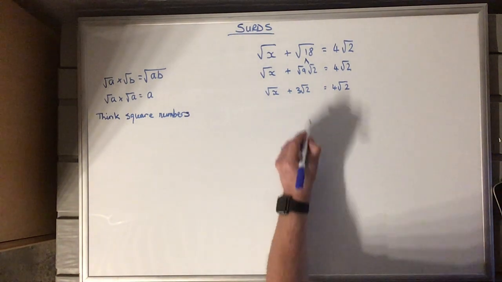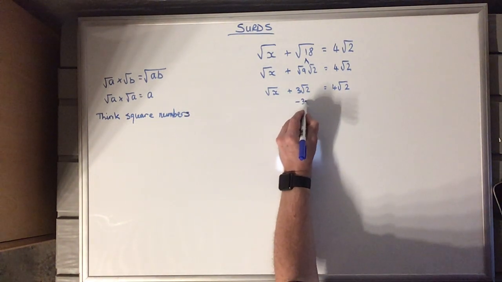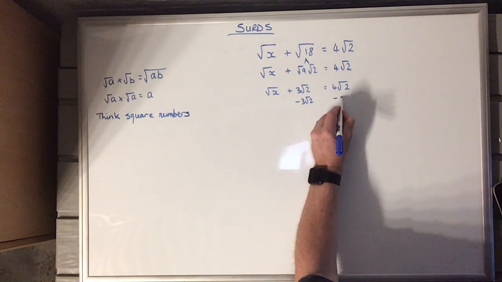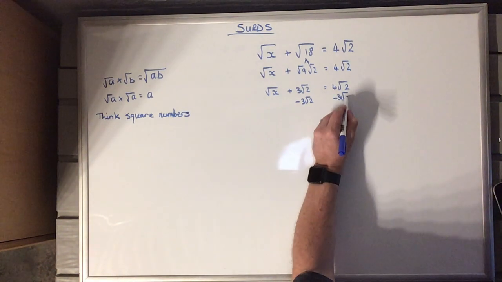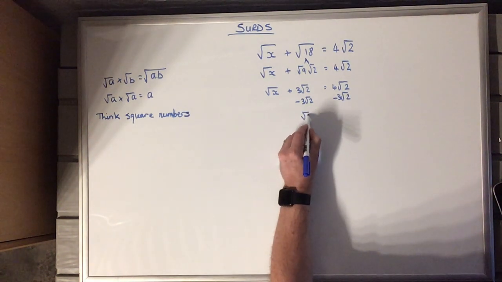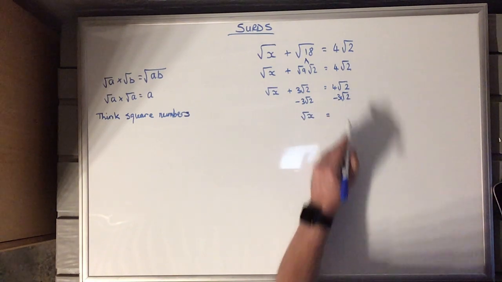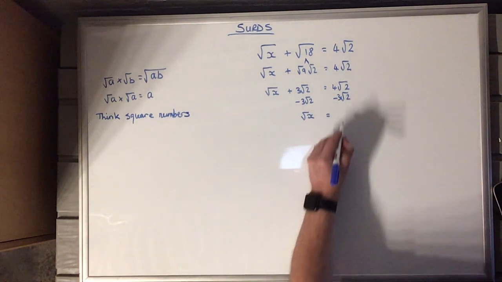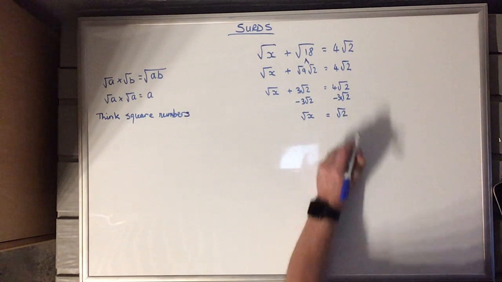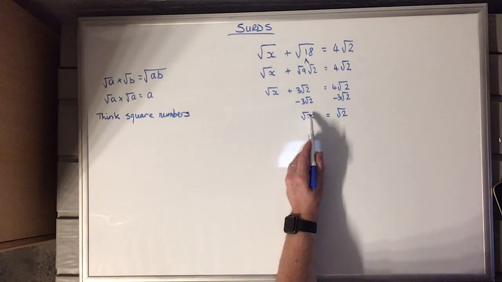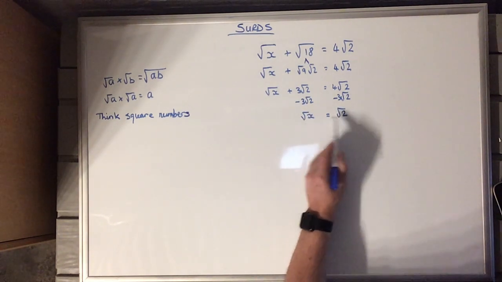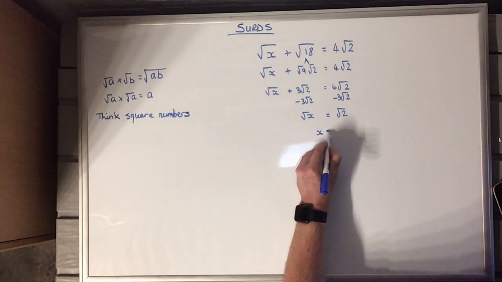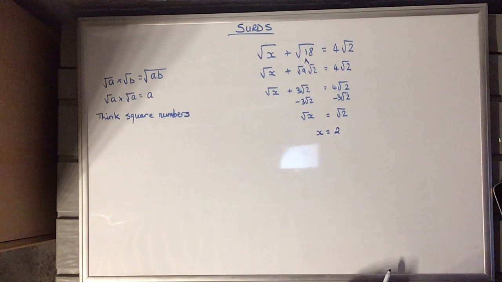Now, it's just an equation, so let's subtract 3 root 2 from both sides. So root x then is equal to 4 root 2 take away 3 root 2, which is just root 2. And you can see here that the root is there, the root's there, so the only difference, x must be equal to 2. And that's your answer.